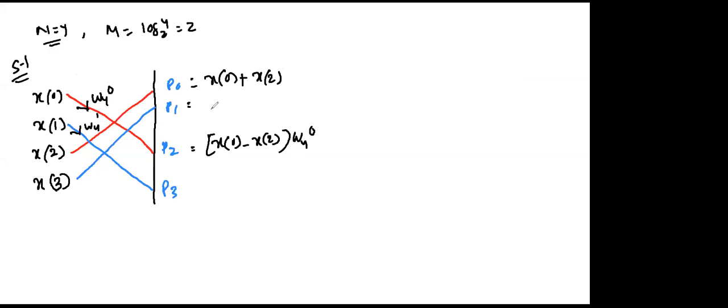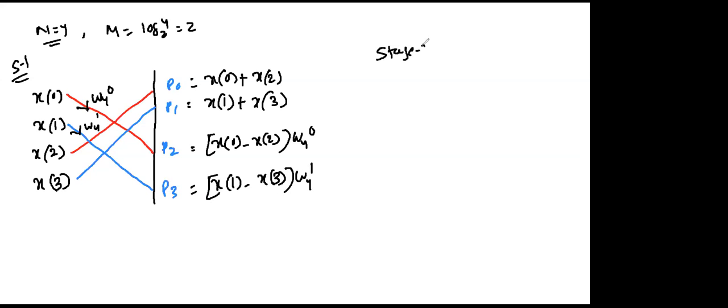Similarly, for the second butterfly, the input is x1, x3. x1 plus x3. This is x1 minus x3 times omega 4 1. So in this way, you have to calculate stage 1. The same you can do for stage 2. If I want, I can write here. See stage 2. For stage 2, what is the input? P0, P1, P2, P3.